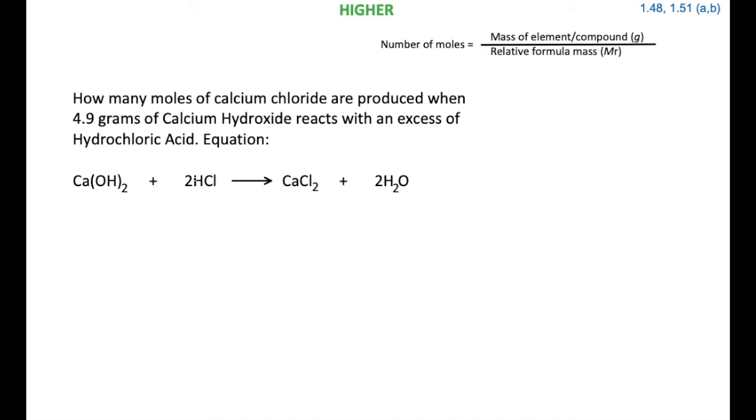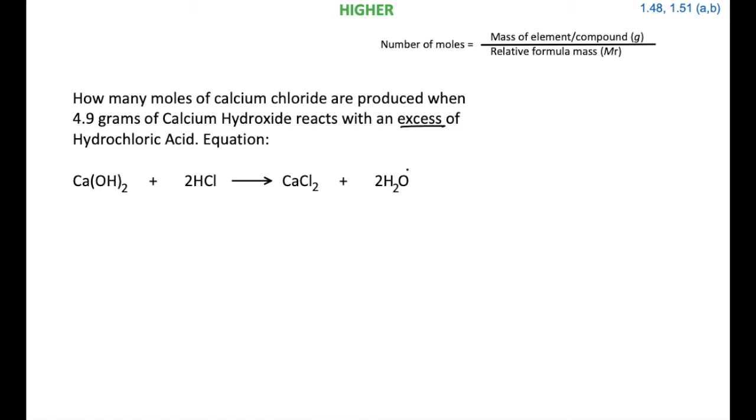You might be wondering what the question means when it says that 4.9 grams of calcium hydroxide reacts with an excess of hydrochloric acid. So if we think about a reaction, let's say we have 2 reactants, A and B. If A reacts with an excess of B, it means all of A has reacted because there is more than enough of B present for it to react with, if that makes sense.